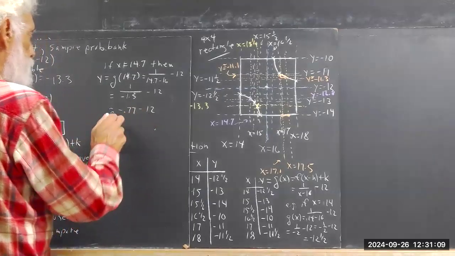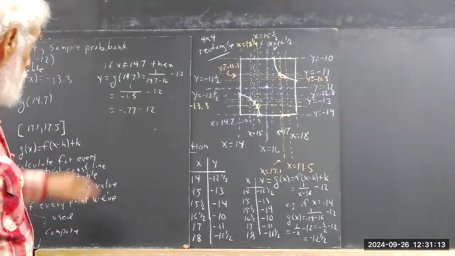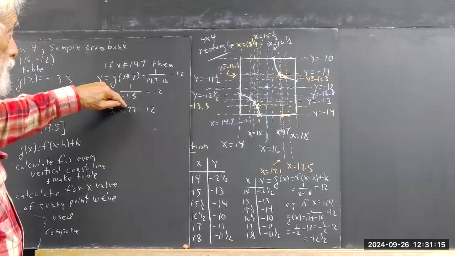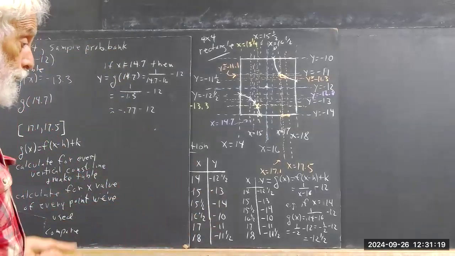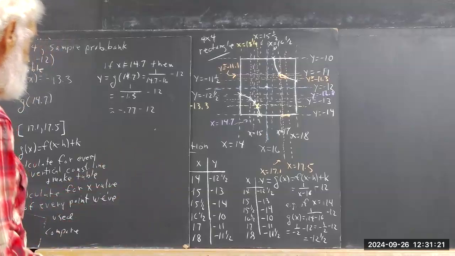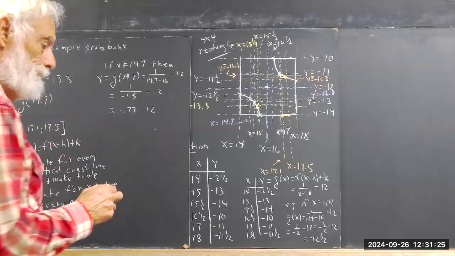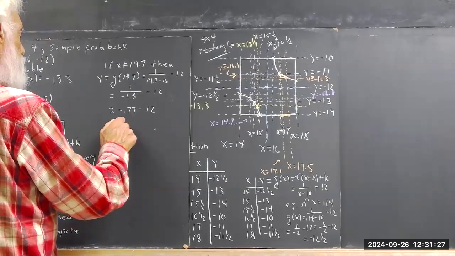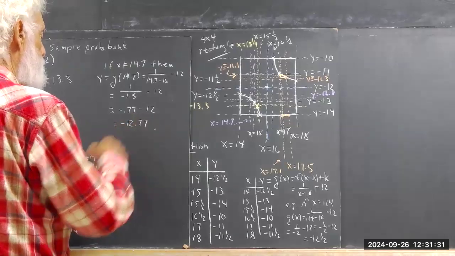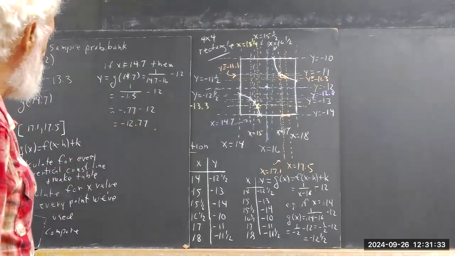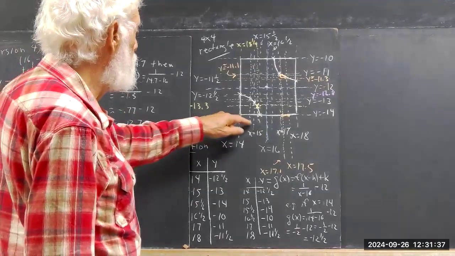Punch it into your calculator, and it's totally appropriate to punch this into your calculator. You don't have to show me that you can do a long division of 1.3 into 1, although you should be able to if I asked you to, but I'm not going to this fast. A calculator is pretty much appropriate for this. Okay, so that would be negative 12.77. Okay, now let's compare that with what we got here.